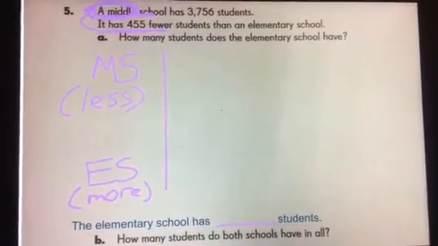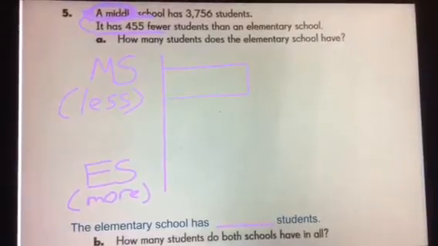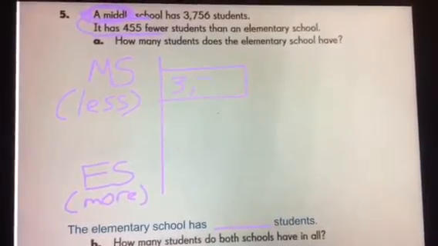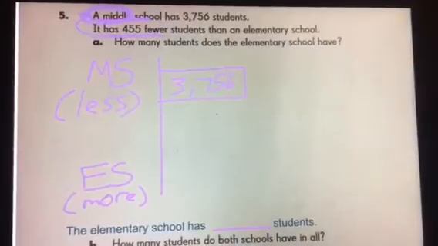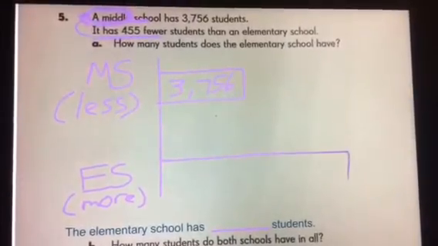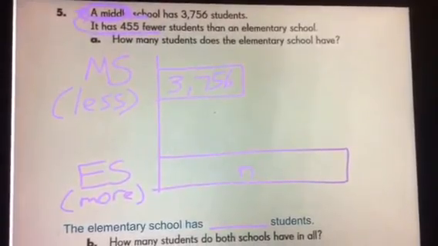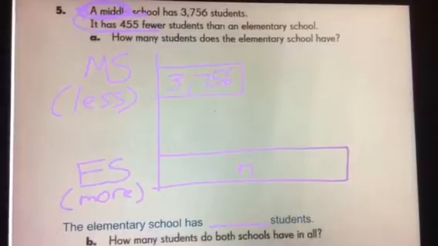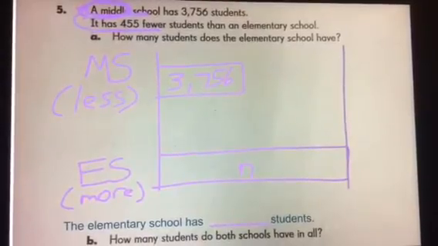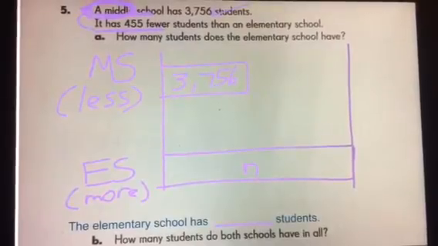Let's do the bar. Middle school has 3,756 students, while the elementary school has the unknown number. That's what we're trying to find out. We will do our ending line, and so let's put a check next to that.